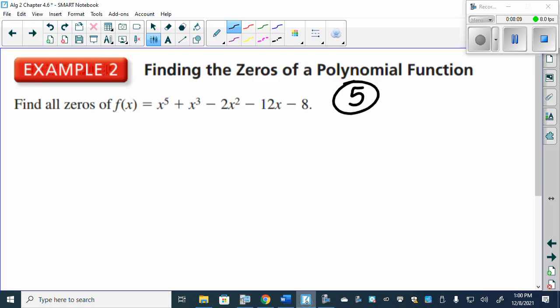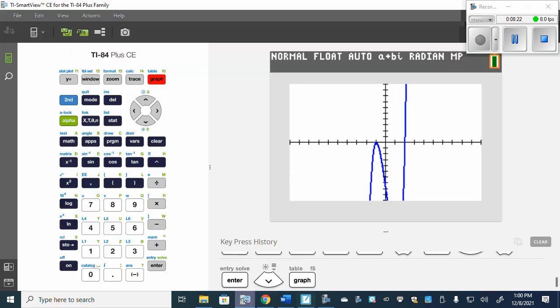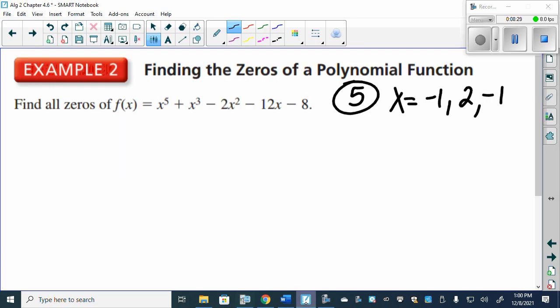So, coming back over here, we know that x is equal to -1 and 2, and possibly what else? -1, because the graph just touches there. So we'll see. And we'll set up our synthetic division.